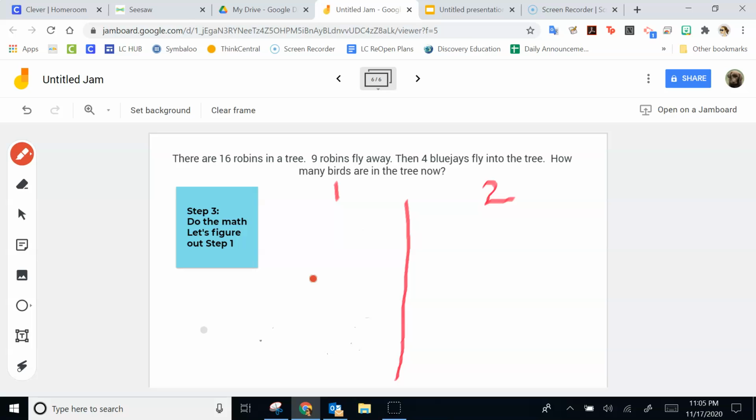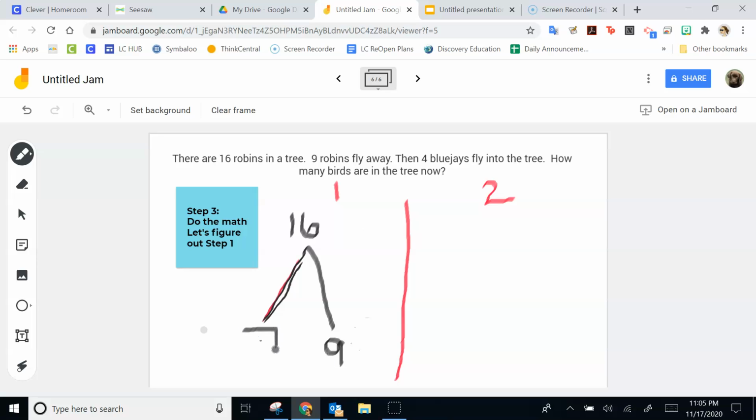Step 1 was that there was this tree, and the tree had 16 robins in it. Well, if I use my math mountain, I know that 16 is the big number. I saw all 16 in there. And I know for a fact that 9 of them flew away.